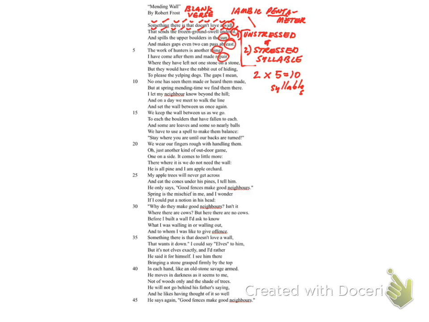One of the first lines that we have that's not 10 syllables is line 8. But they would have the rabbit out of hiding.